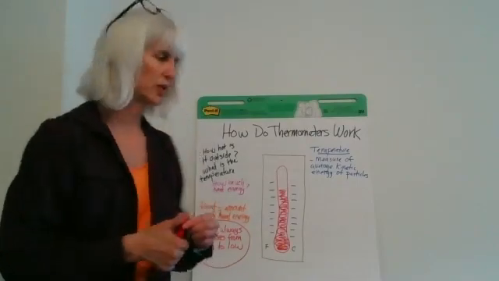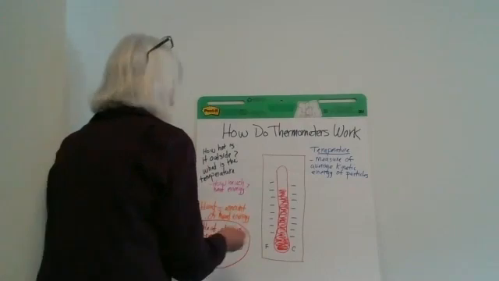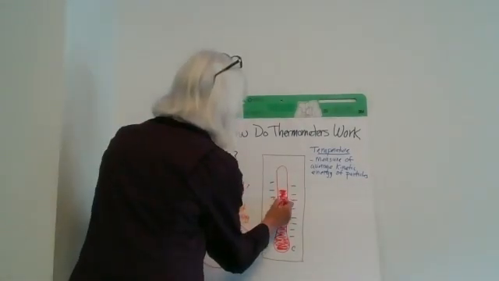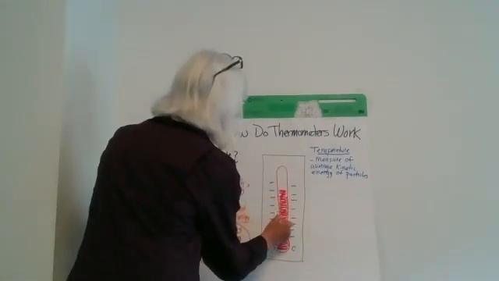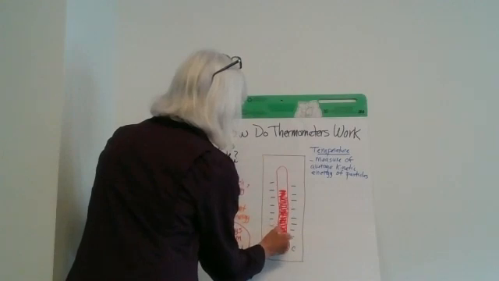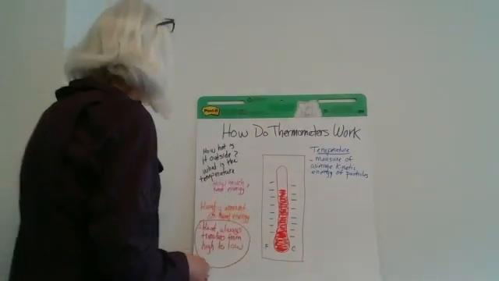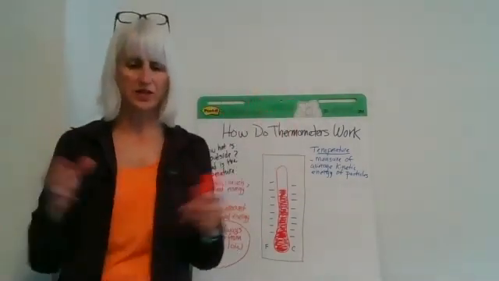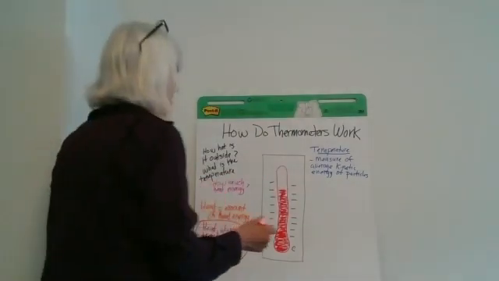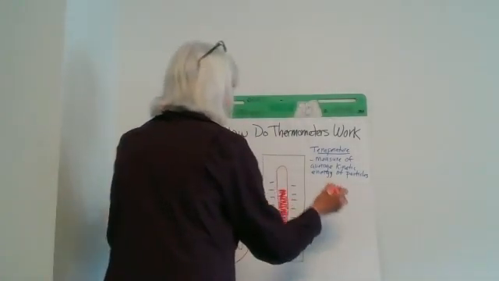So inside here, when we're looking at my wonderful drawing of my thermometer, we've got molecules that are bouncing around. So if we're outside and it's a hot day, the heat from the environment outside where the thermometer is going to transfer into the thermometer because it's going from high.